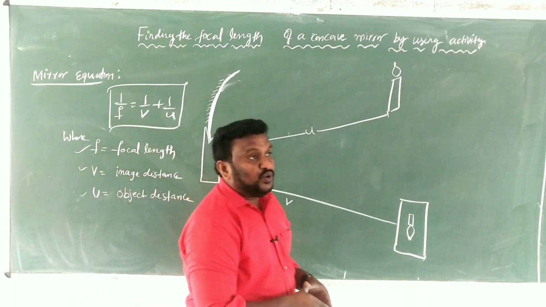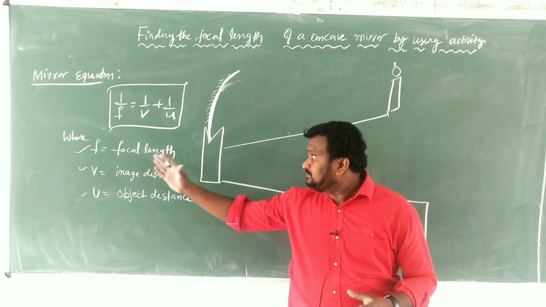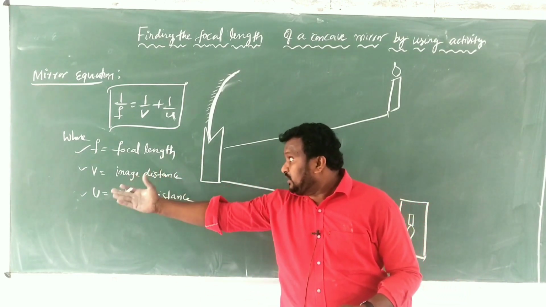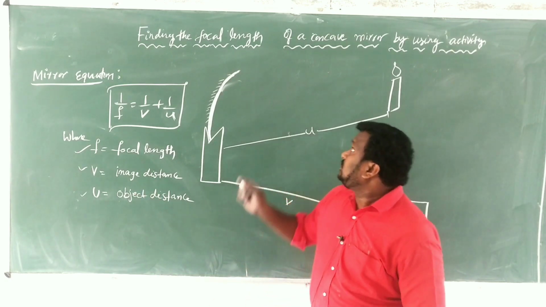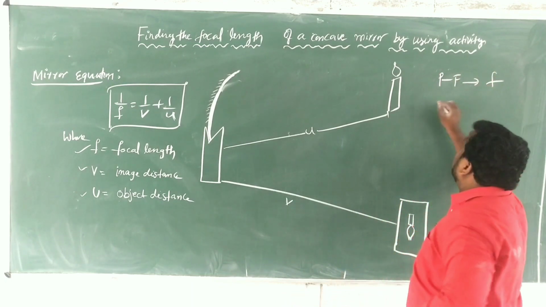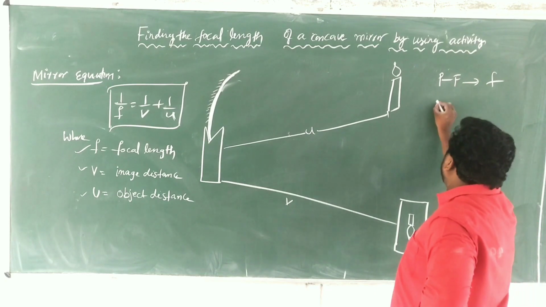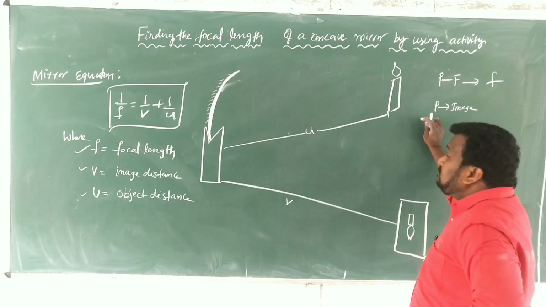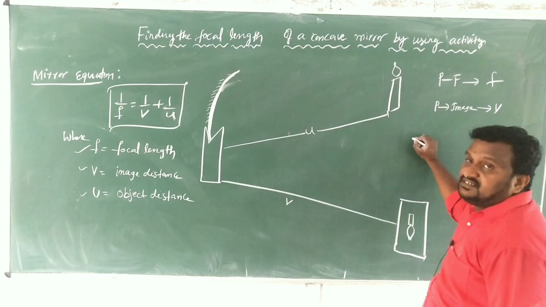I think all of you know about the focal length. The distance between the pole and the focus is called the focal length. And just now I told you what the image distance is. Similarly, the distance from the pole to the image is called the image distance.